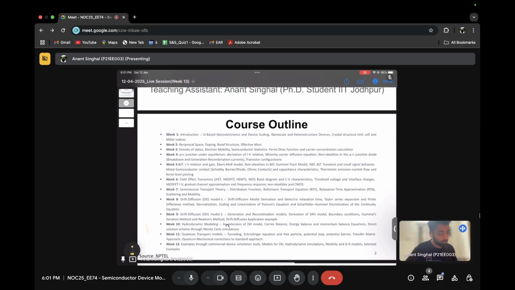From week one, which was very basic for this course, we covered the basics of materials. We saw some of the devices that can be made. We got to know why we are only using silicon, what the crystal structure of silicon is, why it is so stable, and why everything is running on silicon.